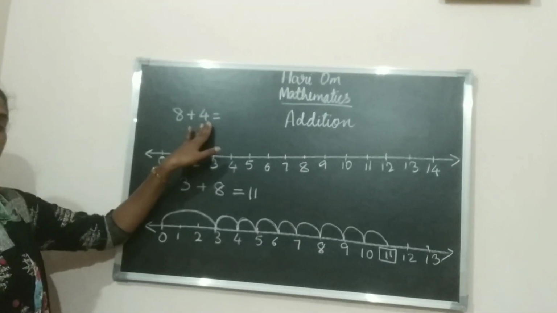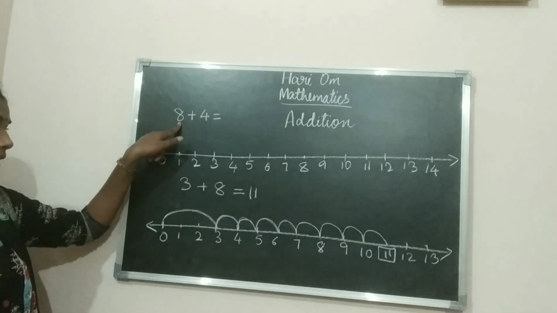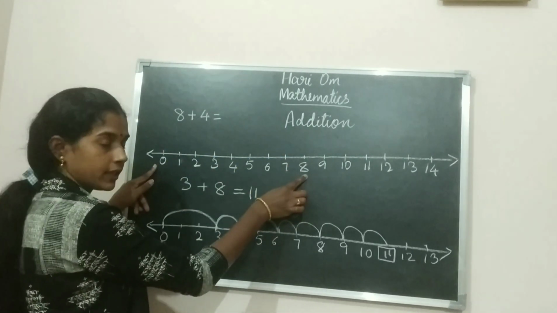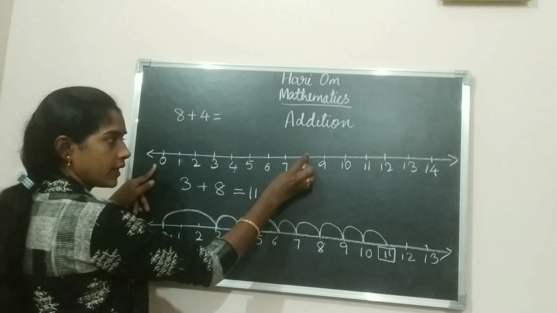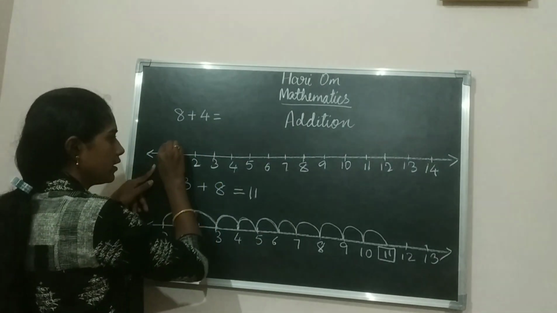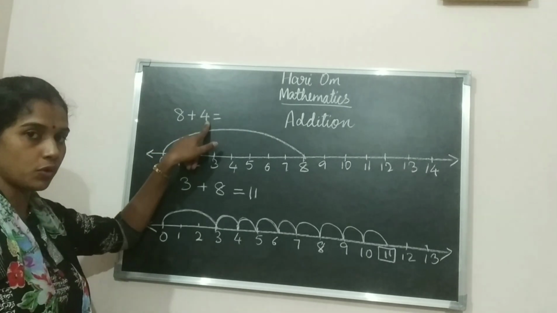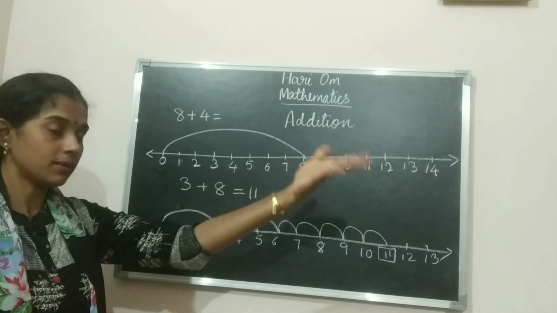So 8 plus 4. What is the first number? 8. So we are going to begin from 0 and jump to 8. So 0 to 8. We are going to jump over here. Okay. And then plus 4. So 4 times we are going to jump forward.